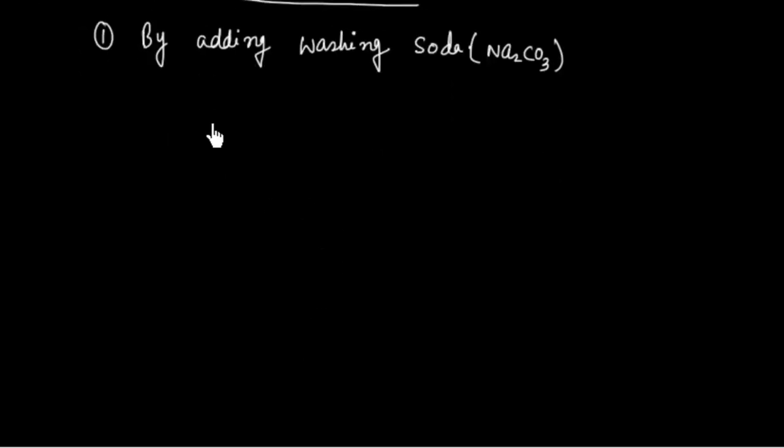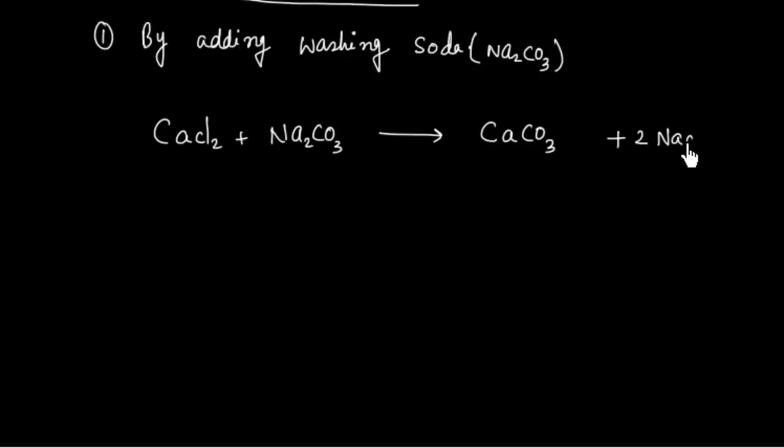Let us say I have permanent hard water containing CaCl2. If we add washing soda, Na2CO3, it will form CaCO3 plus NaCl. Now CaCO3 is solid, it will precipitate, so it can remove Ca2+.